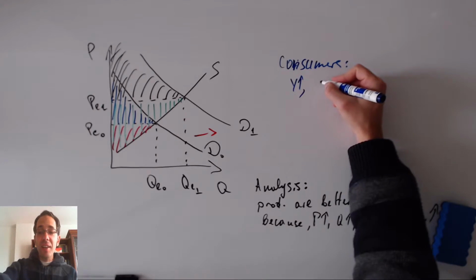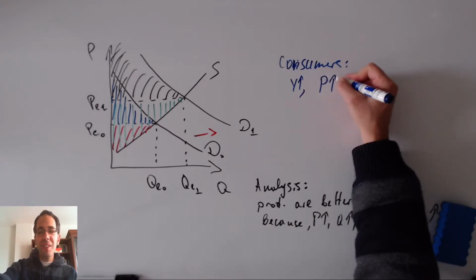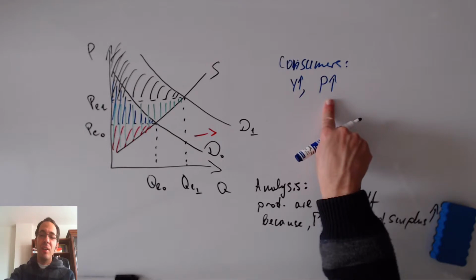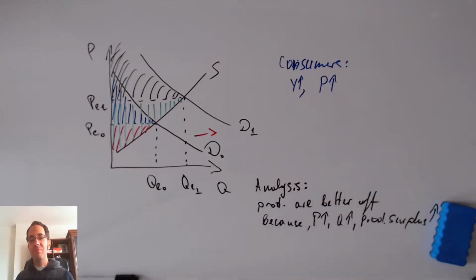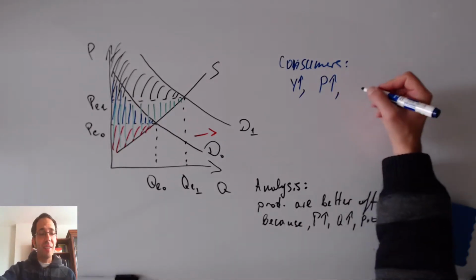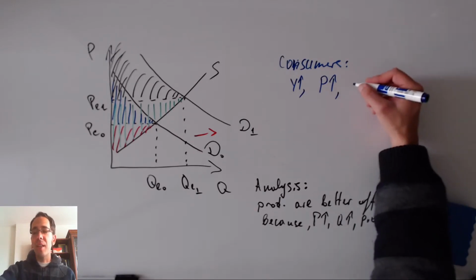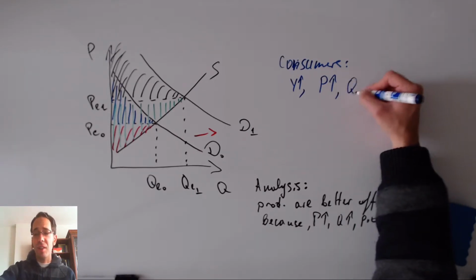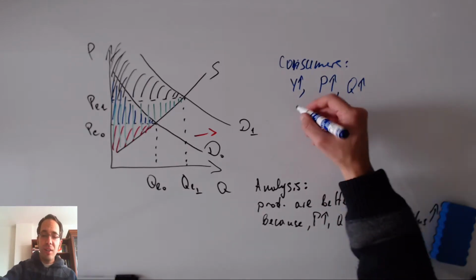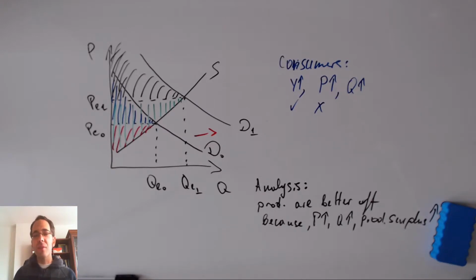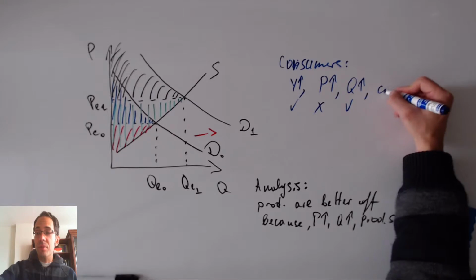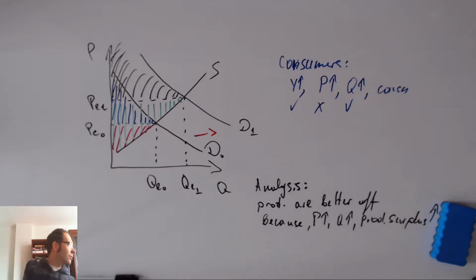The prices are increasing, so from the perspective of the consumer, this is not necessarily a good thing. But at the same time, the quantity that they're consuming is rising, so this is a good thing. This will generally not be well perceived by consumers, but it is a good thing.